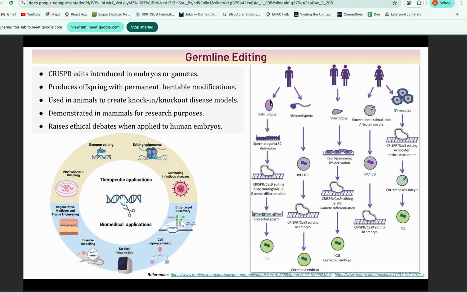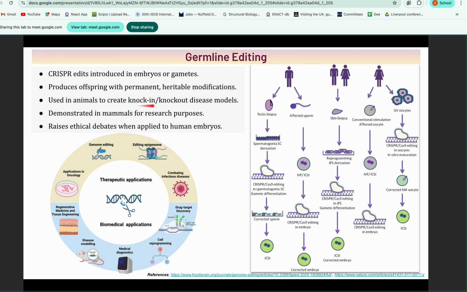So now whenever his son takes birth, these mutations are also heritable, so his son will also not have sickle cell anemia. So that means you have treated it and you have made it heritable. So none of his offspring will develop the symptoms of sickle cell anemia or will have that faulty gene. So that's why CRISPR-Cas9 editing technology is so helpful.